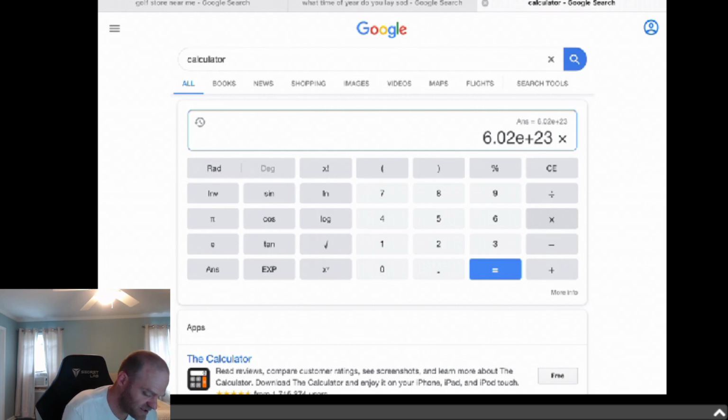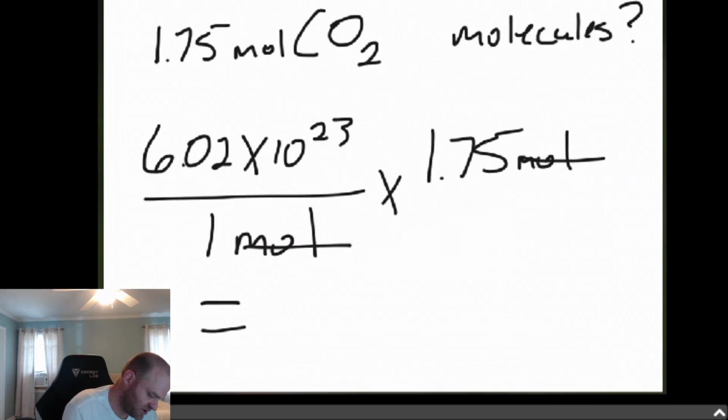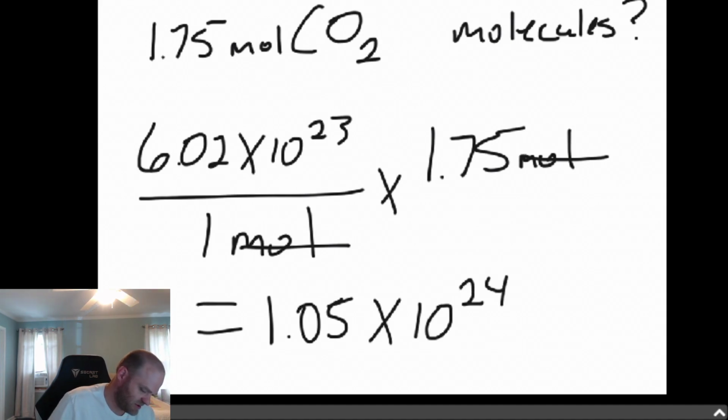I do them individually so that it doesn't get messed up on order of operations. The answer should be 1.05 times 10 to the power 24.